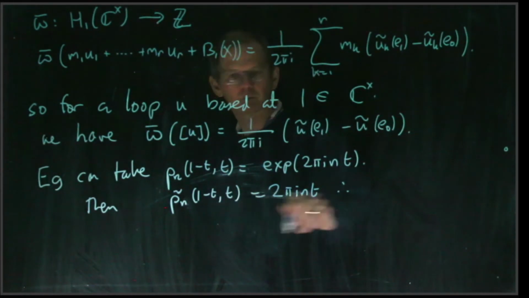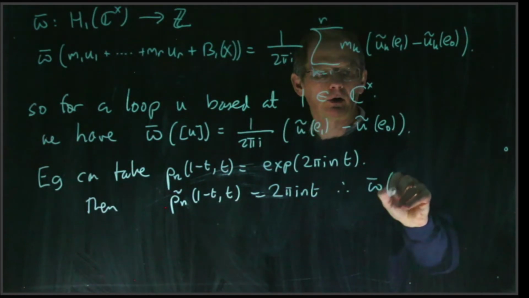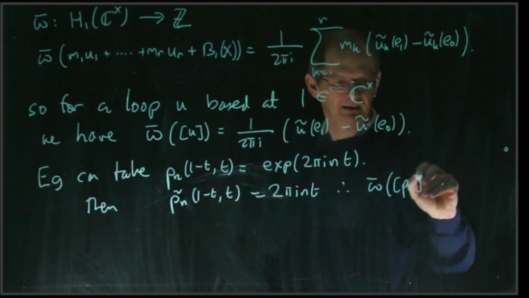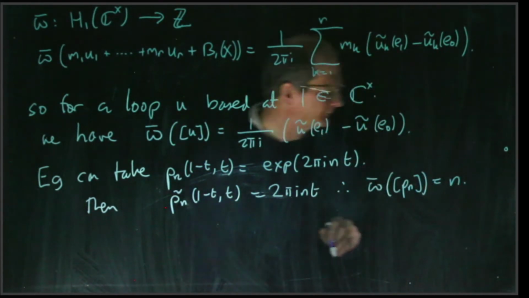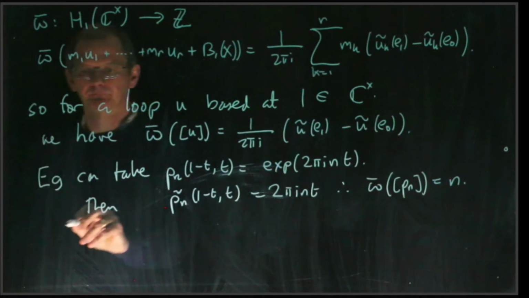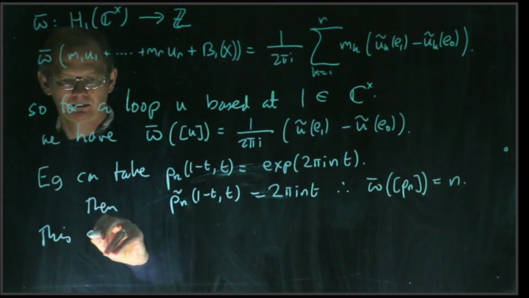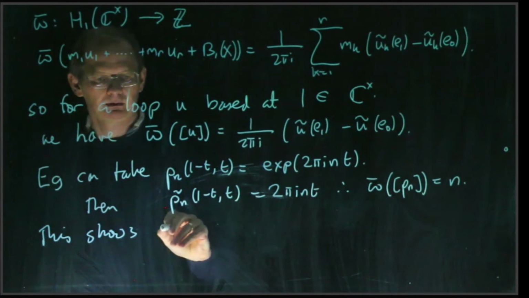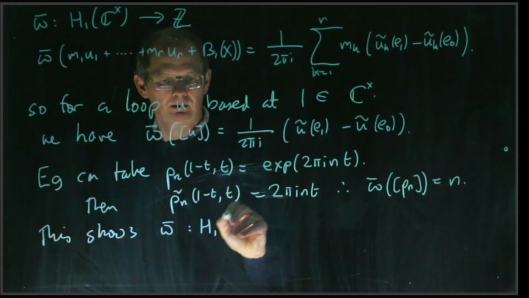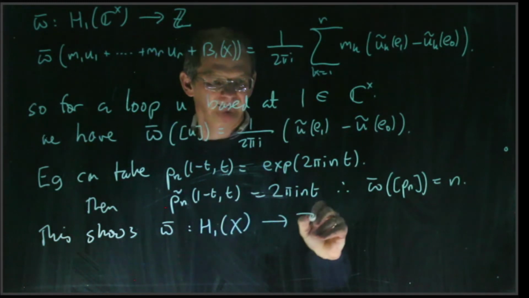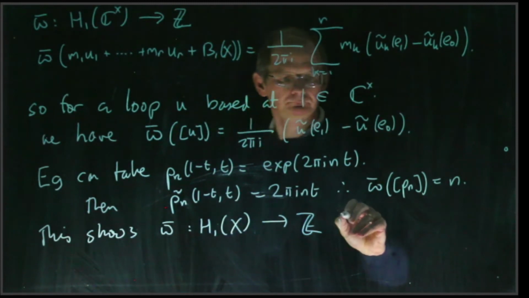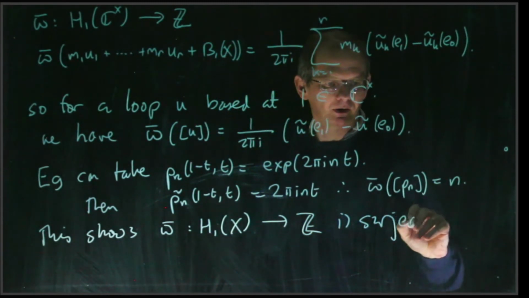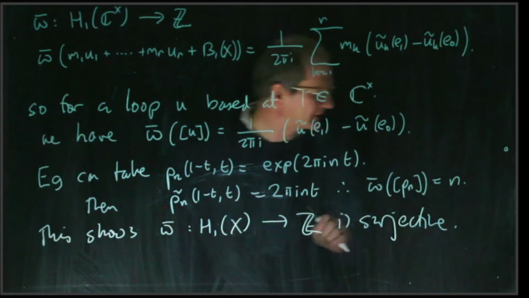And then from that, we get that omega bar of Pn is just going to be equal to n. And that proves that our homomorphism is certainly surjective.